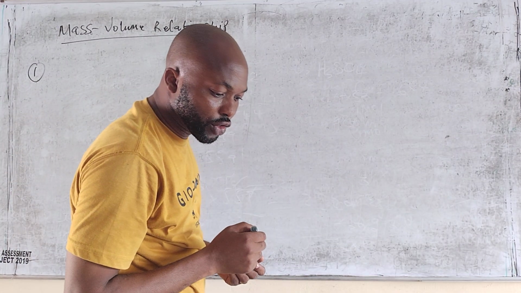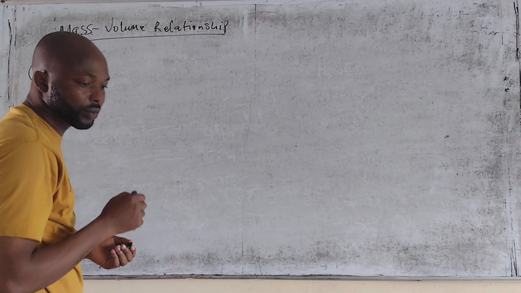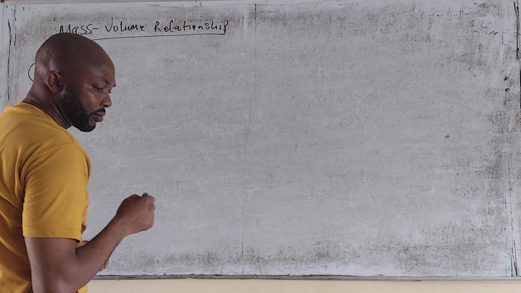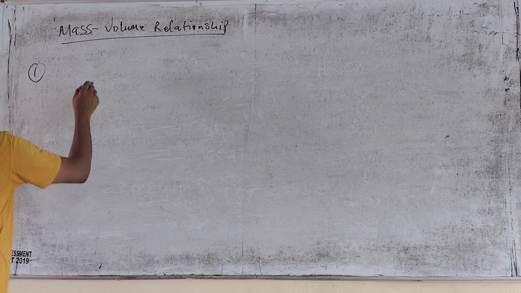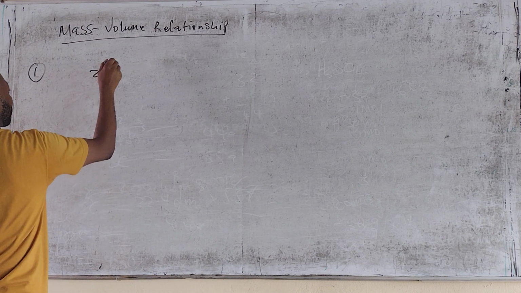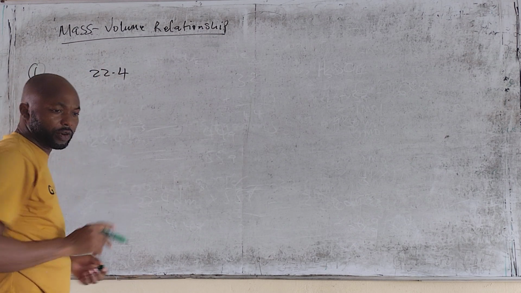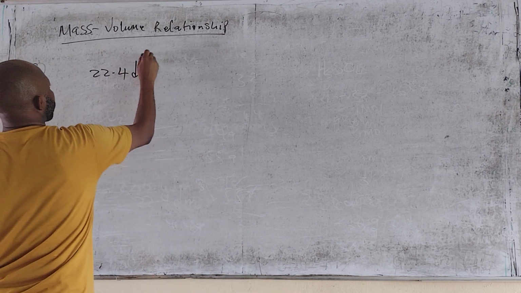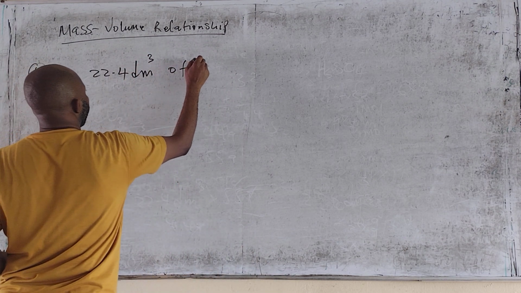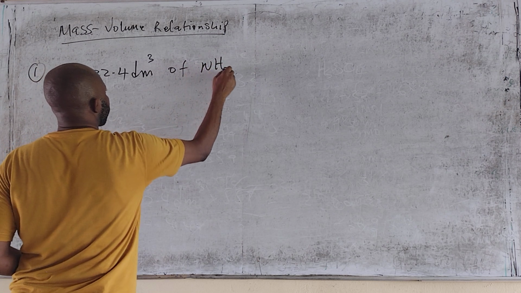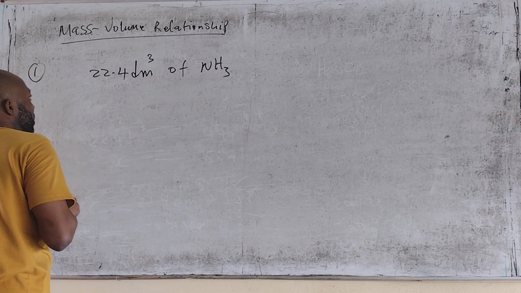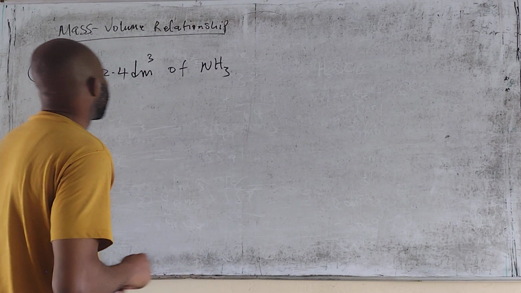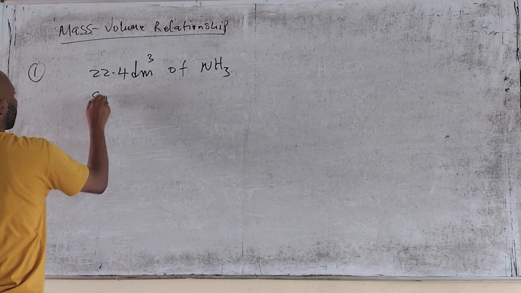Calculate the mass of 22.4 dm cube at STP of ammonia. 22.4 dm cube of ammonia, NH3. We should calculate what? Calculate the mass. Solution.